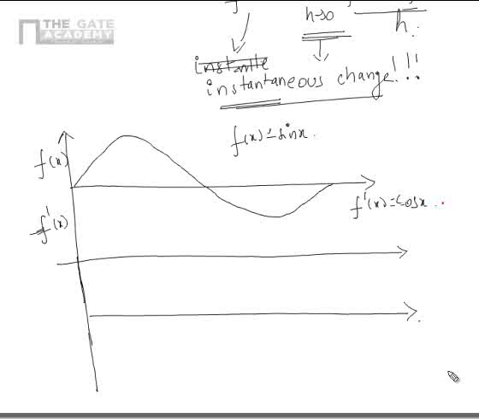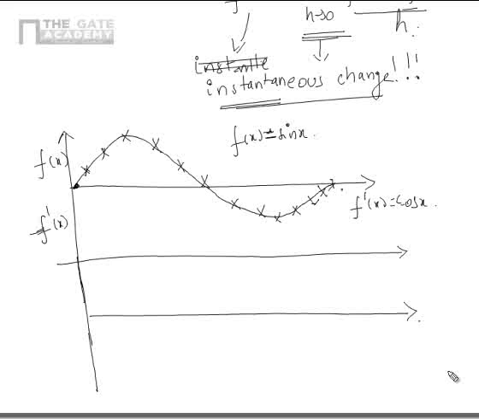What is happening? I take a point here. Let us prove that if f of x is sin x, then f dash of x is cos x by the graphical method. Let me take some standard points here and see what is happening.